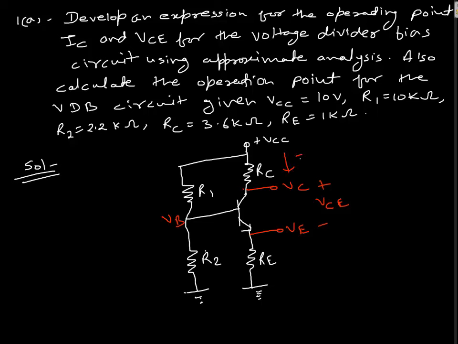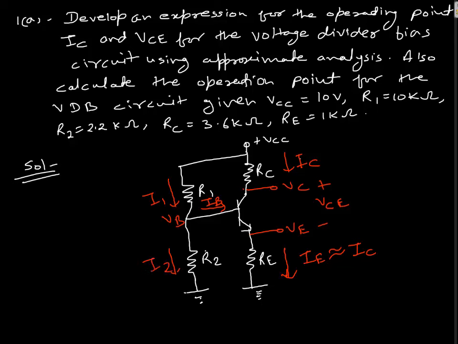This current is IC. This current is IB. This current will be IE, which is almost equal to IC. These are the bias currents I1 and I2.